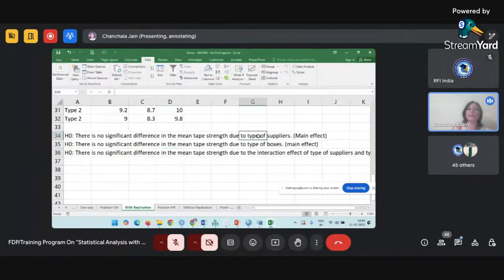So that way you are measuring the main effect of one independent variable on the dependent variable. Similarly, in the second hypothesis also, we are considering the second independent variable and looking at its impact on the dependent variable. But in the third hypothesis, we are considering both independent variables, and simultaneously I want to see whether these two combined impact the dependent variable or not. Right? Clear to everyone?